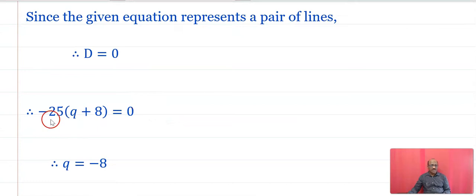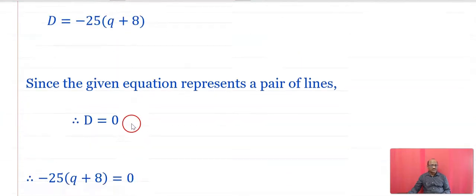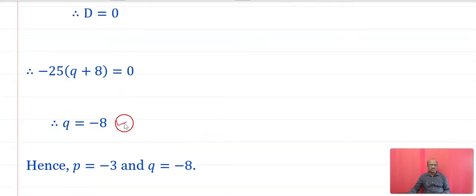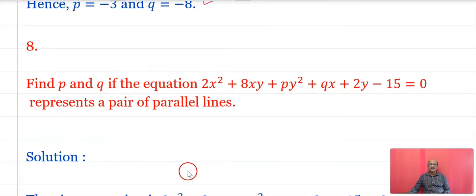Okay, and therefore minus 25q plus 200 is equal to 0. It means that q is equal to minus 8, and hence p is minus 3 and q is minus 8.